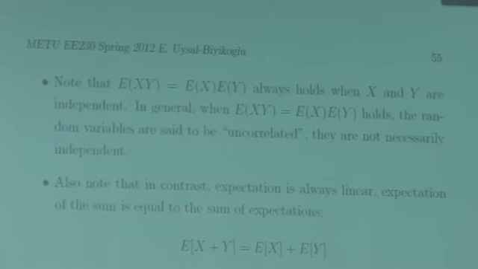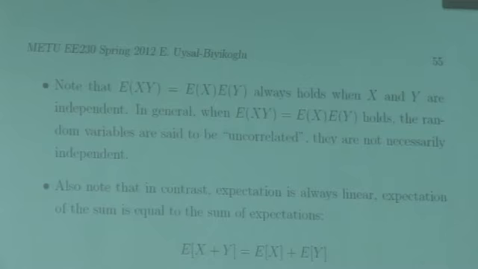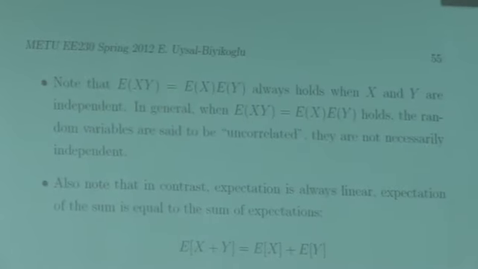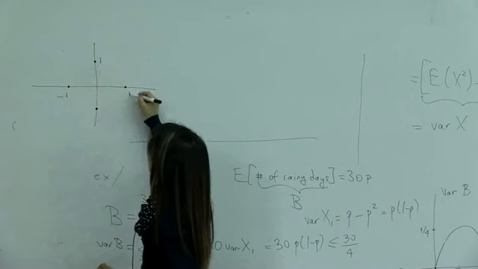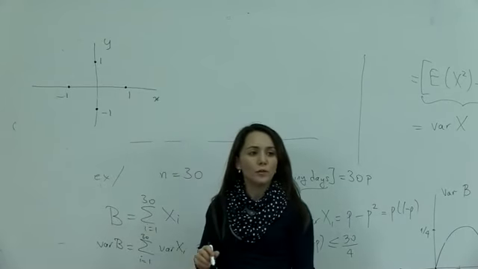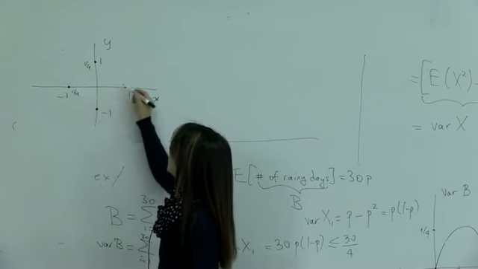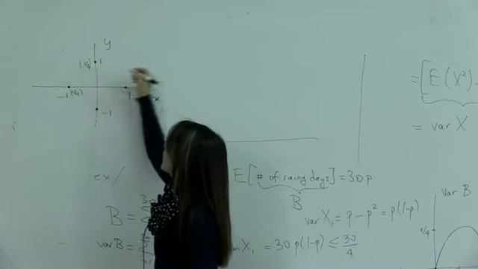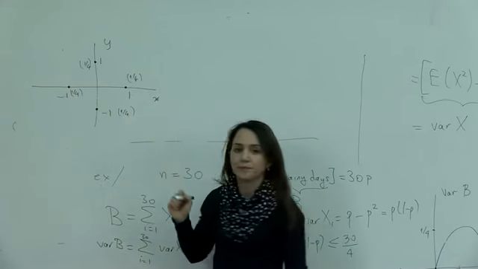Let's do the following example. X and Y have the following joint PMF: the points (0,-1), (1,0), (0,1), (-1,0) in X and Y, and all the points are equally likely, 1 over 4 each.